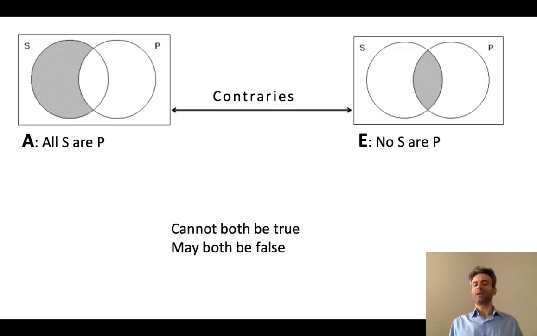Since there are red bananas and green bananas, it is false that all bananas are yellow things. And it's also false that no bananas are yellow things. So they are both false. A and E may both be false.